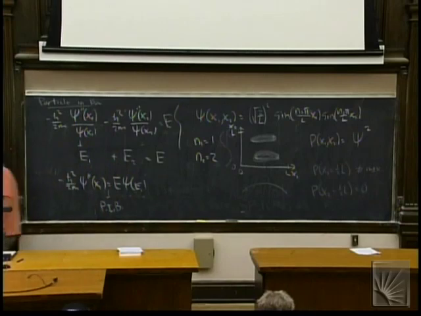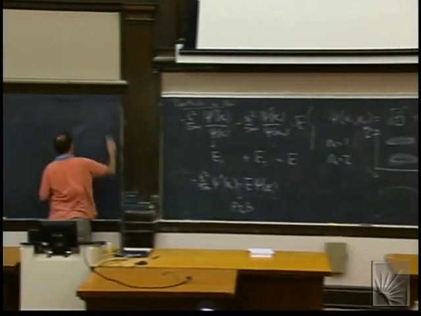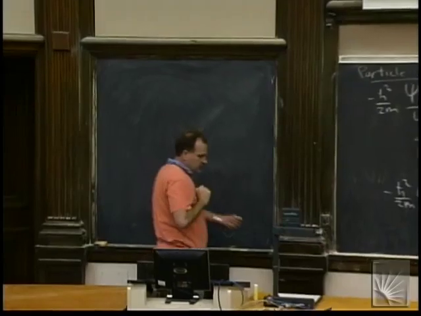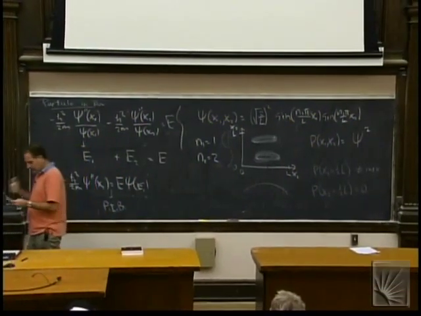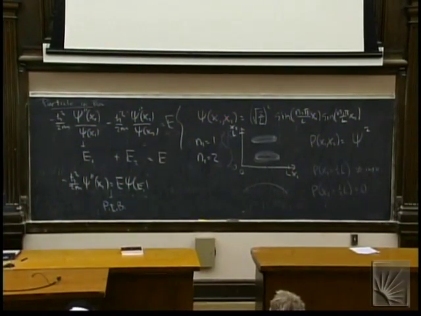Mathematically, what I want to do is establish the principle that if I try to switch the roles of 1 and 2, I get the same answer, okay? And that would be to say that they're indistinguishable.